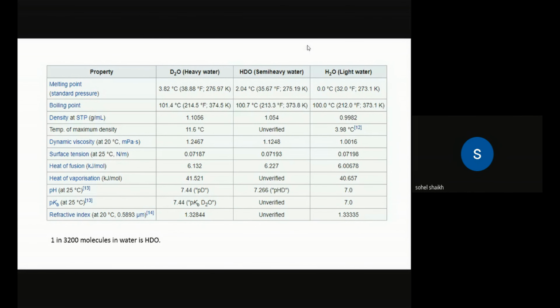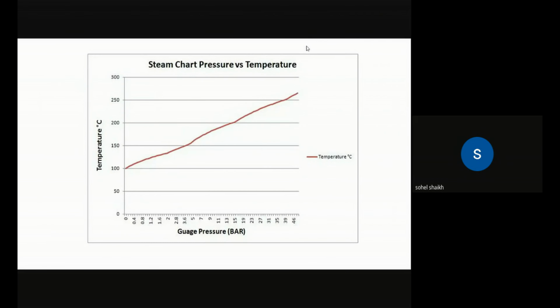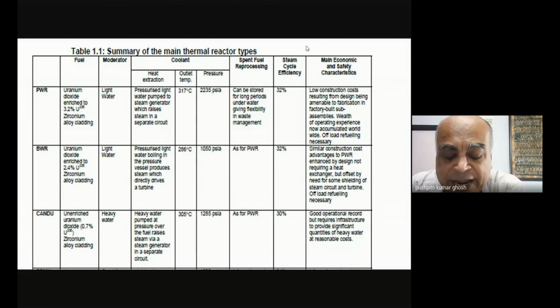Okay. I want to ask what is meant by enrichment of uranium? Yeah, okay, very good. By enrichment of uranium, we mean that you are increasing the percentage of uranium-235. The two standard uranium isotopes are 235 and 238. The bulk of it is uranium-238.